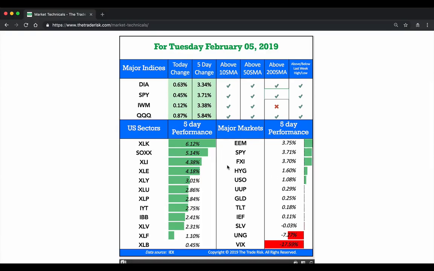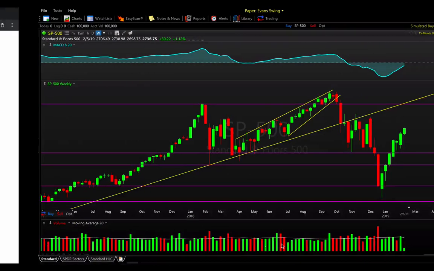Certainly doesn't mean we should get all excited at these levels and buy everything, but it certainly shows the extent to which this market is continuing, that froth building, so to speak, but the market can't fight it, it is still moving higher. On the downside, we have natural gas and volatility still unwinding.